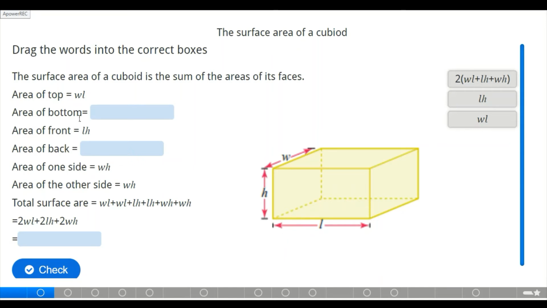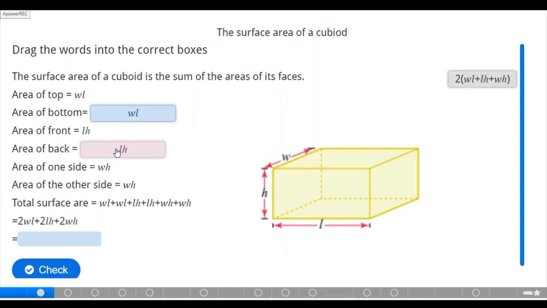The area of the front is going to be height multiplied by the length, and the area of the back, just like we're having this structure here, which is L and we have H here, is going to be height multiplied by length as well.